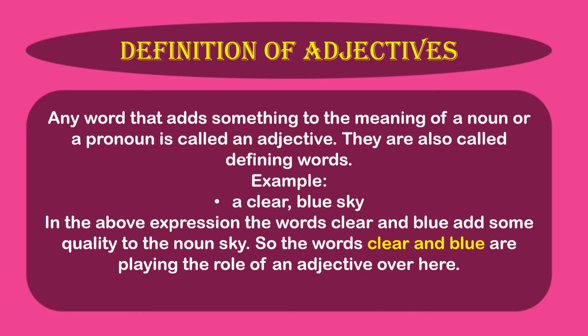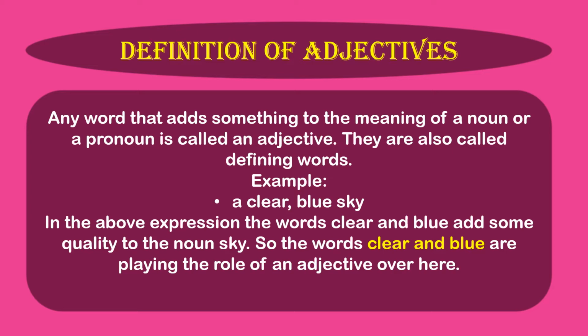So the words clear and blue, they both are playing the role of an adjective over here. They are defining the sky, the color of the sky and the appearance of the sky, that is, it is clear and the color of it is blue. Okay, so that is why this is called the adjective, right?